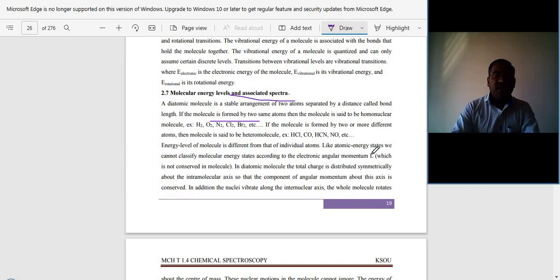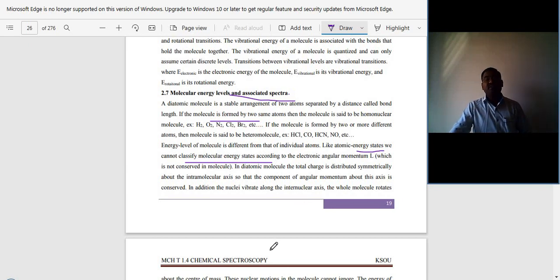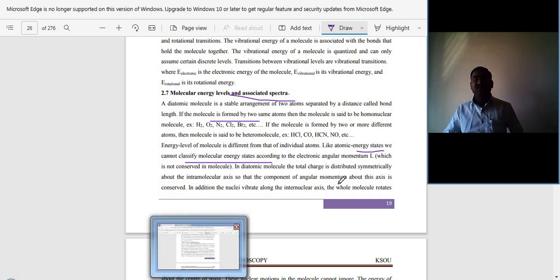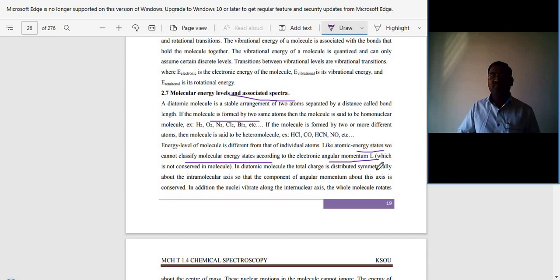The energy level of a molecule is different from that of individual atoms. Like atomic energy states, we cannot classify molecular energy states according to the electronic angular momentum.